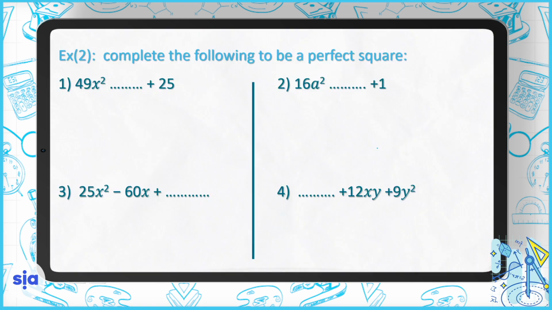Let's move to another type of question, which is to complete each of the following to be a perfect square. Here in number 1, we're missing the middle term. How do we find the middle term?